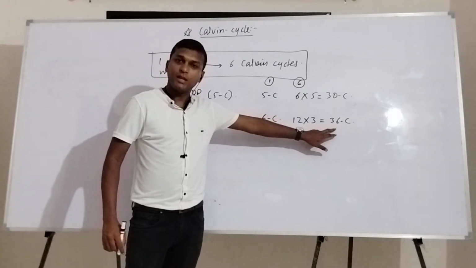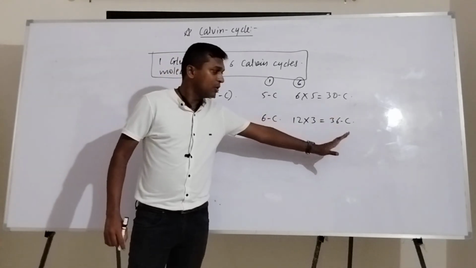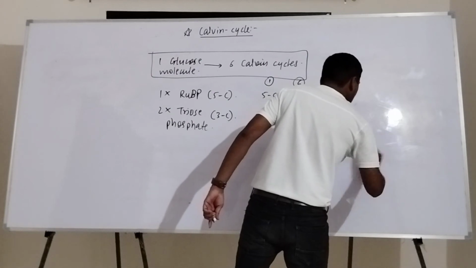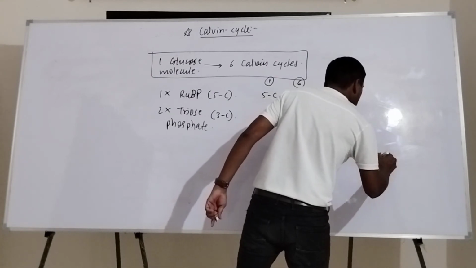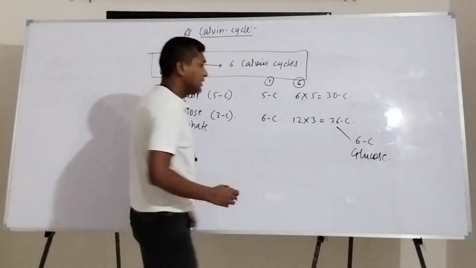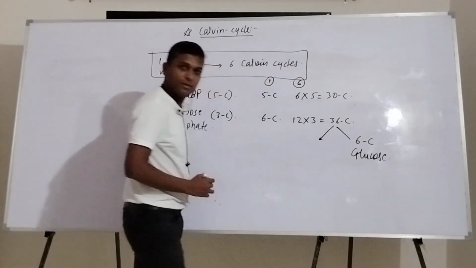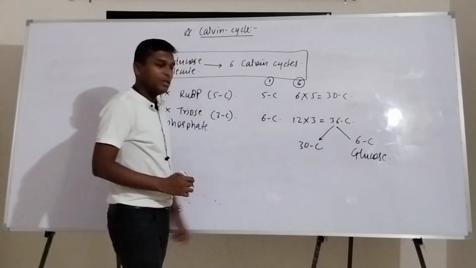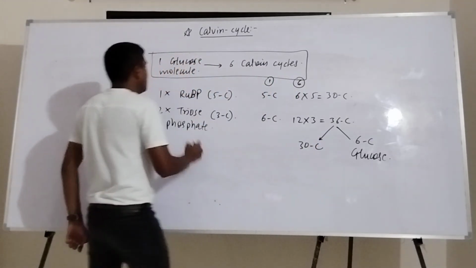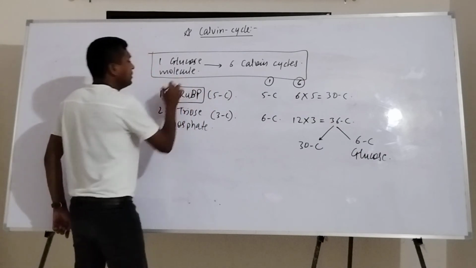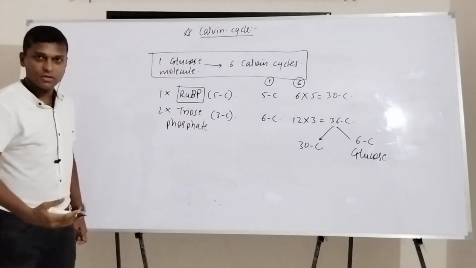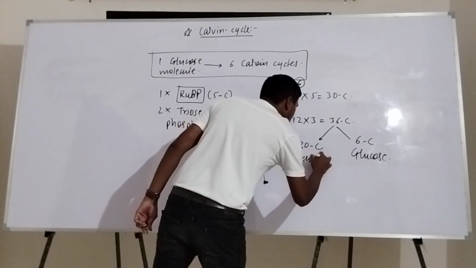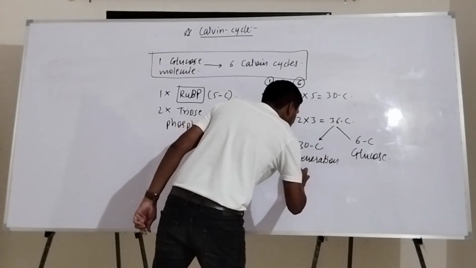How many carbons do we have? 36. Out of these 36, if 6 carbon will be used for production of glucose, then how many will be remaining? Remaining will be 30 carbon. These 30 carbons can be used for the production or regeneration of RUBP.